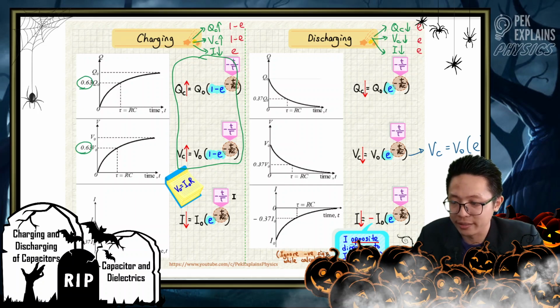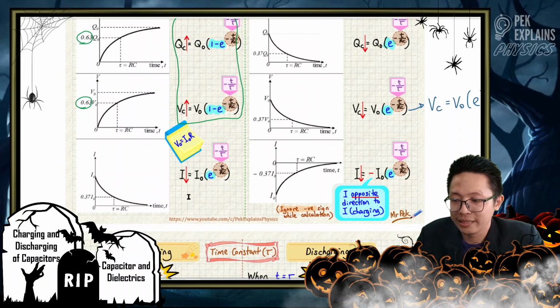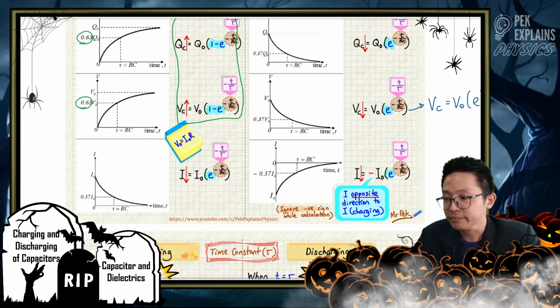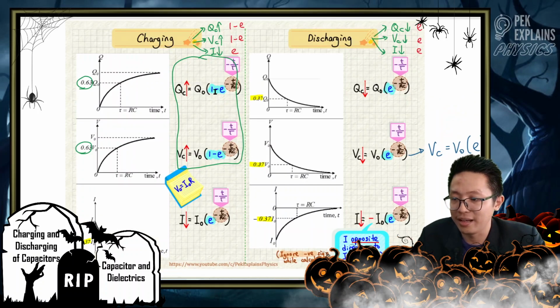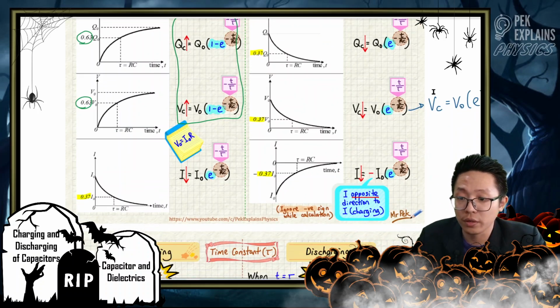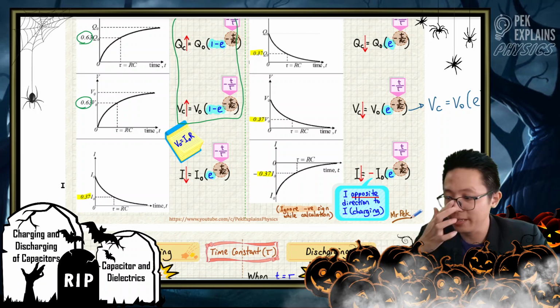But all the others, which decrease, use the formula epsilon, and they all have 0.37. Do you see the similarity? The 1 minus epsilon, you will have 0.63. The one with only epsilon, you will have 0.37.